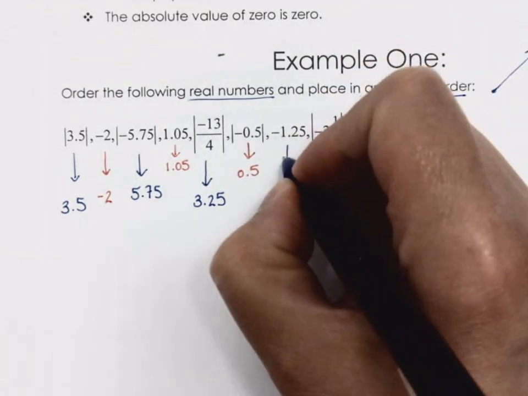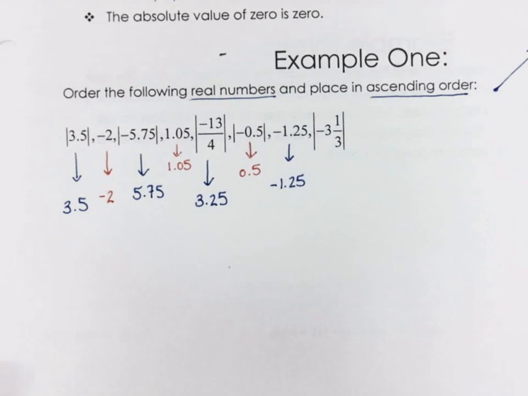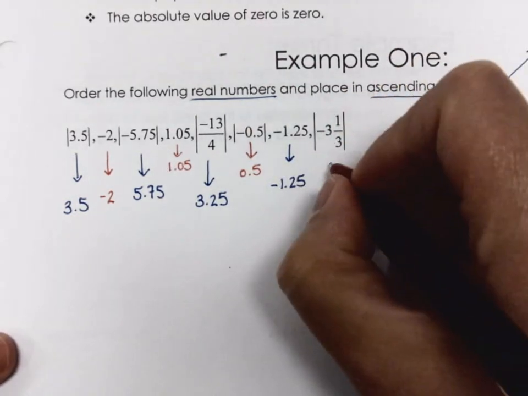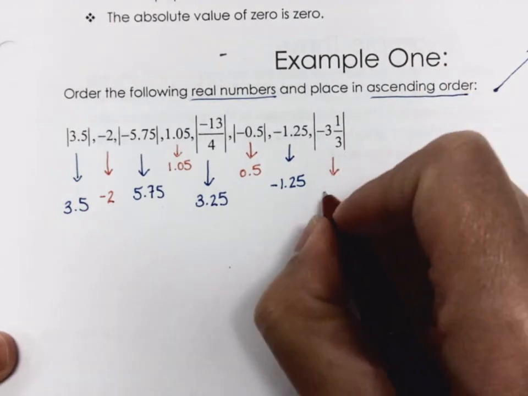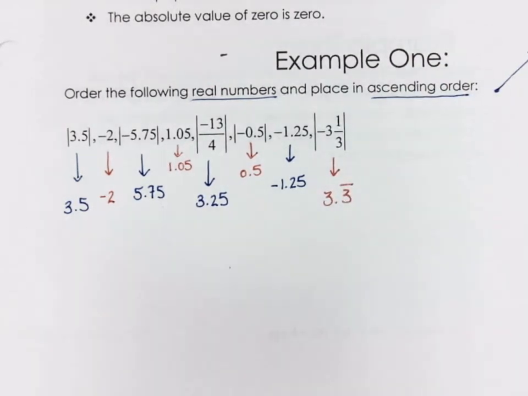And then this one would be a negative 1.25. It's not in absolute brackets. So you just kind of have to pay attention. Easy to mess it up when you are rushing. And this would be a positive 3.3 repeating. Okay, so when you go to order them, you have to put them back into their original form.